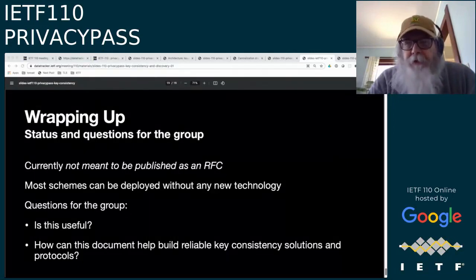So I intend, based on comments and suggestions we get on the mailing list, and also the conversation we have about the context idea, to do a revision of the draft that I wrote. Thanks.